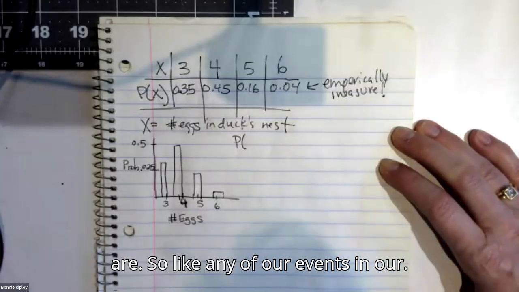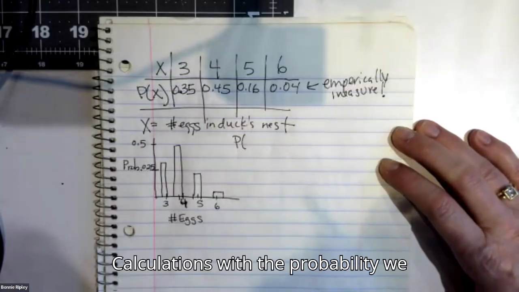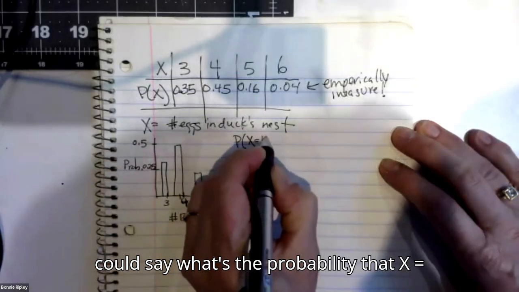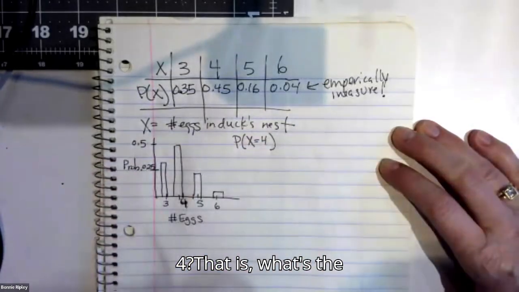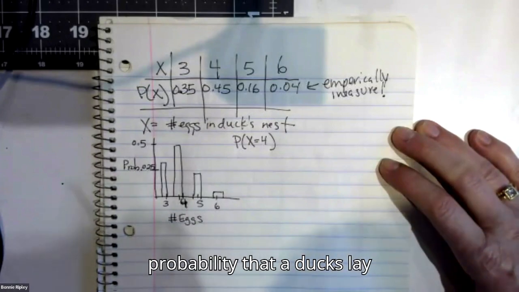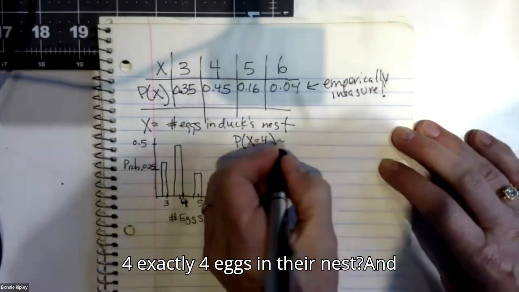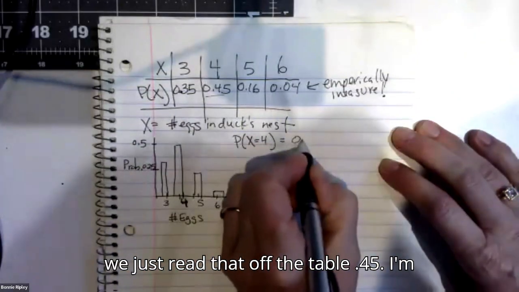Like any of our events in our calculations with probability, we could ask, what's the probability that x equals 4? That is, what's the probability that ducks lay exactly 4 eggs in their nest? We just read that off the table, 0.45.